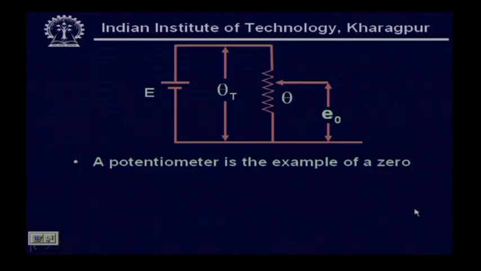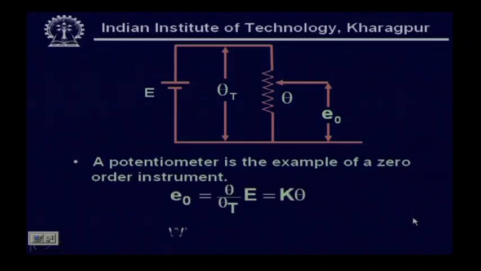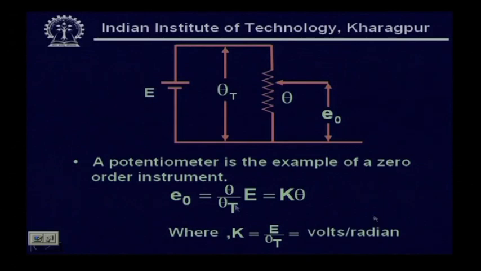A potentiometer is an example of a zero order instrument, and its equation looks like E naught equal to theta by theta t multiplied by the supply voltage or excitation voltage, which is equal to k theta, where k equal to E by theta t, which is volts per radian. E is a constant, it does not depend on the position of the potentiometer. Theta t is the total angle, constant for a particular potentiometer.